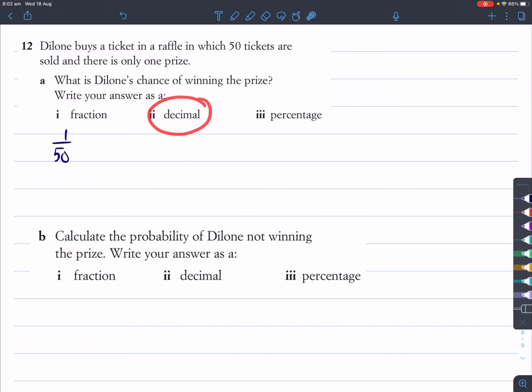And as a decimal, that would be 0.02, if you tap it on your calculator and press the S-D button. And if we multiply this by 100 to get a percentage, we would get 2%.